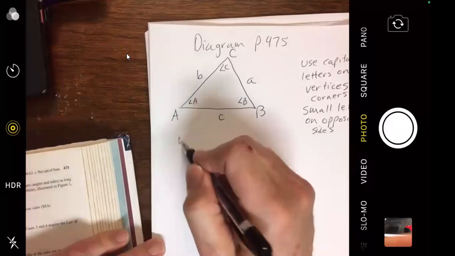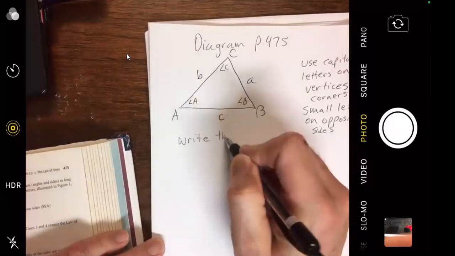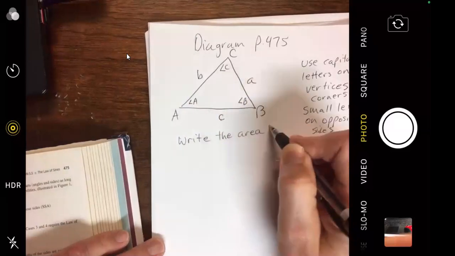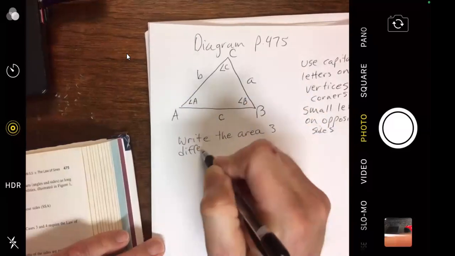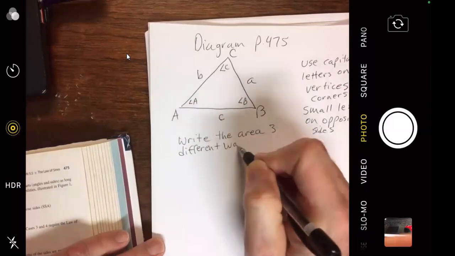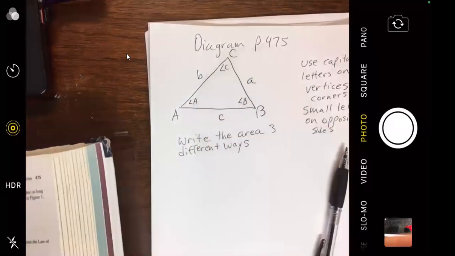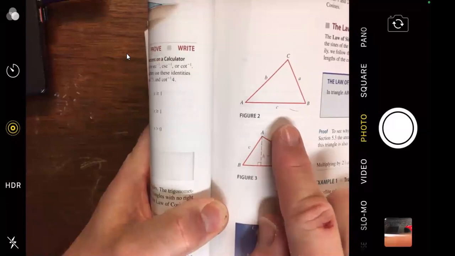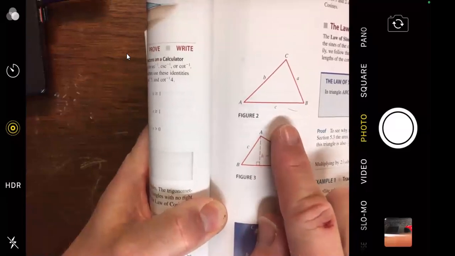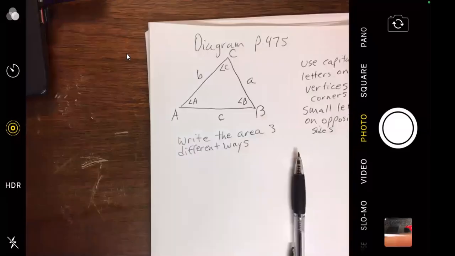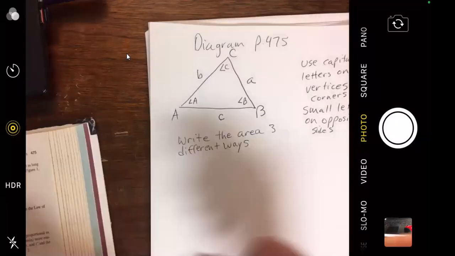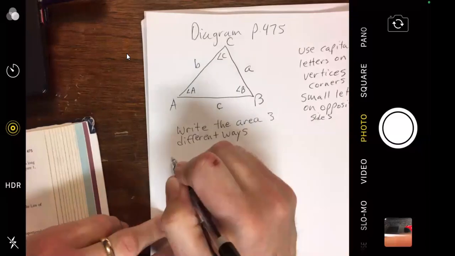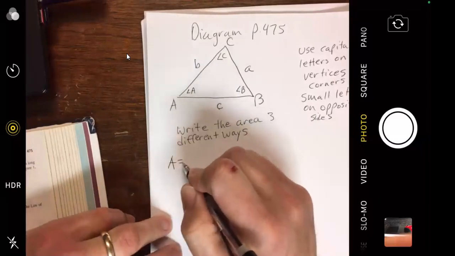So you can write the area 3 different ways. And just to show you where I'm getting that, again, it's figure 2 here. So I'm working off this diagram. All right, using what I just gave you about area, you can write the area as 1/2, pick any two sides.